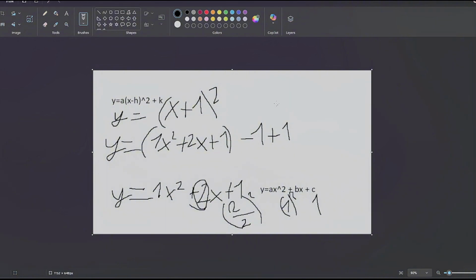As you can see, there's no k and a is just 1. So the vertex is negative 1, 0.